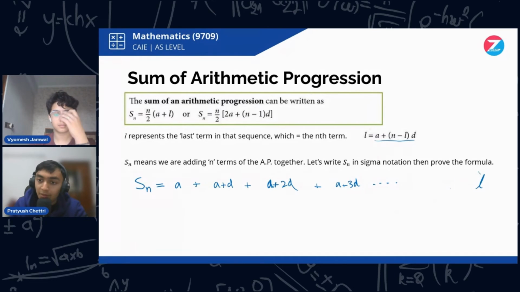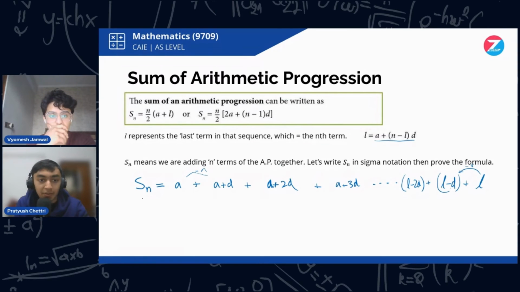If you want the term before L, remember each term we add d to get to the next term. If we want to go backwards, we want to subtract d. So L minus d is my previous term, then I have L minus 2d. See, the common difference is the same.